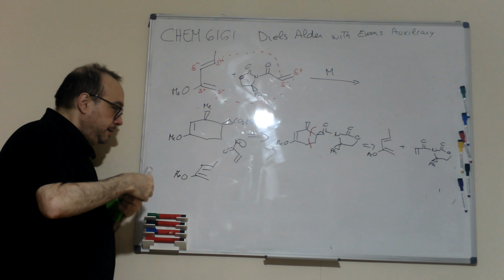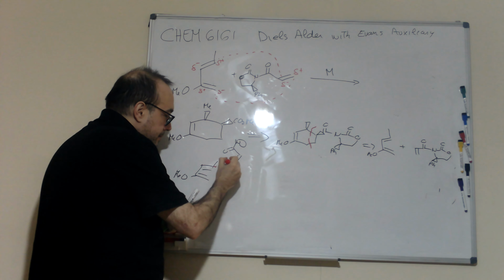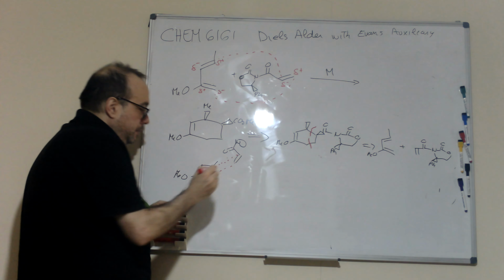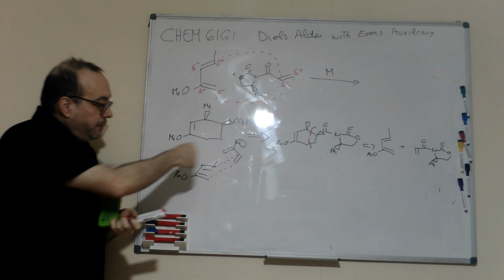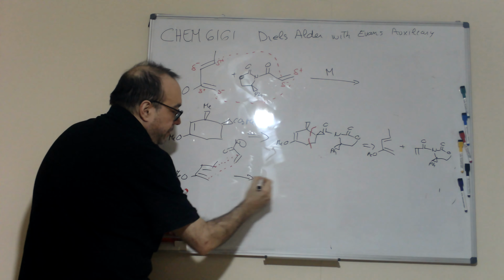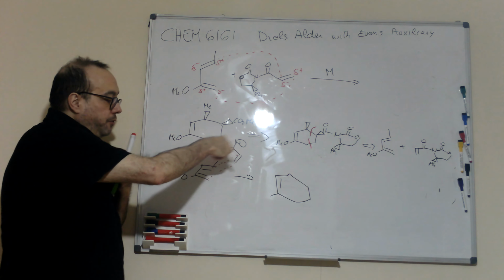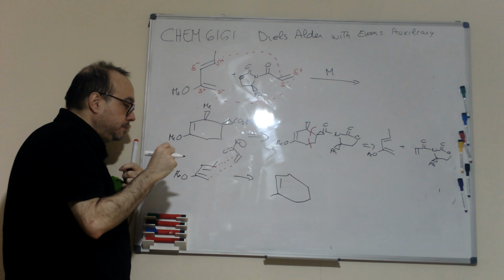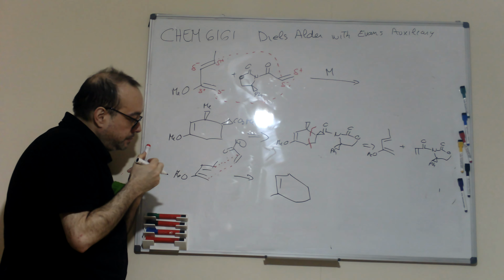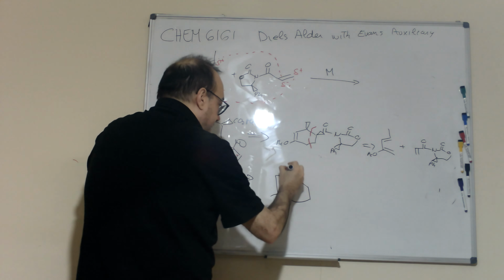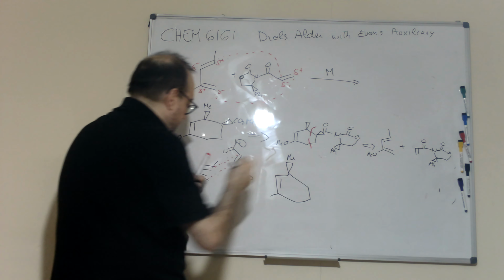And we are forming these two bonds. If I am forming this bond, I draw a final structure. If we are forming this bond, what we will get is this methyl up.